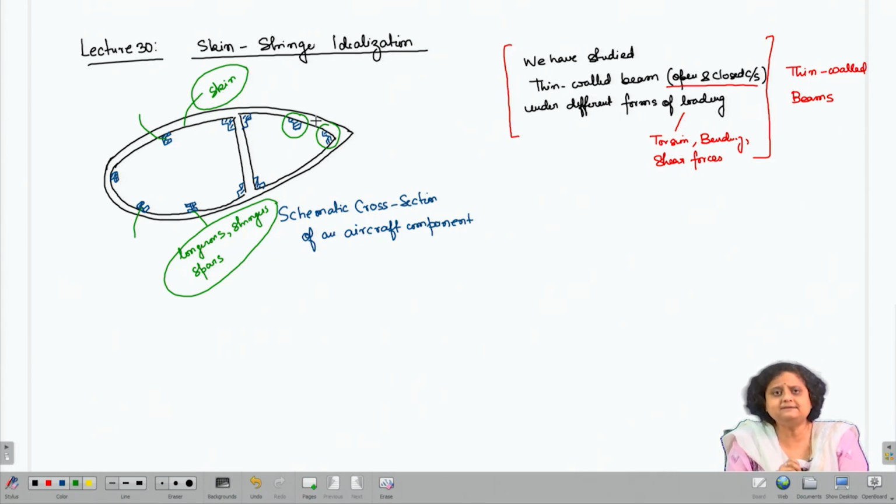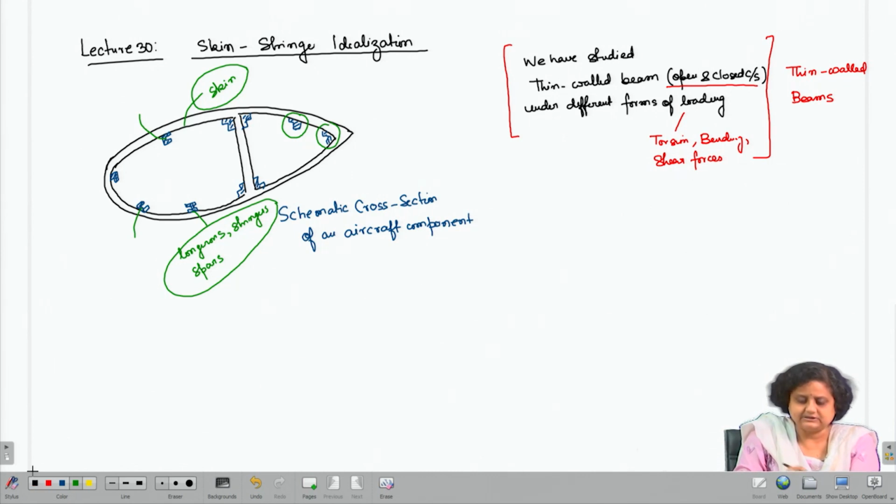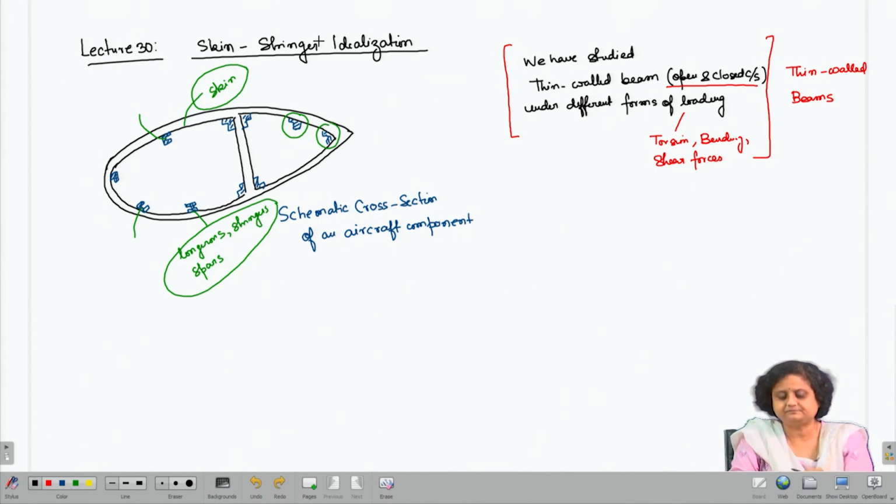So, at design stage, one would usually prefer to get some rough estimate or ballpark figure of the stresses and strain instead of doing the rigorous calculation. So, that is what the skin stringer idealization is for.